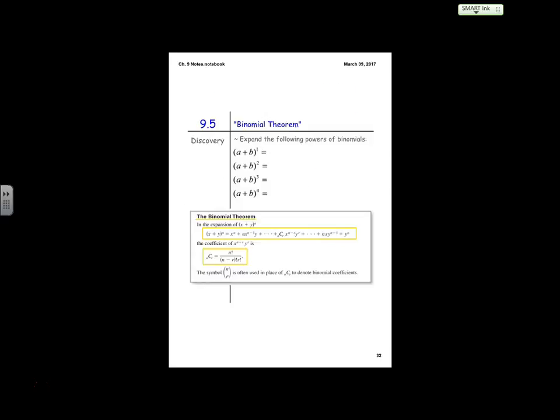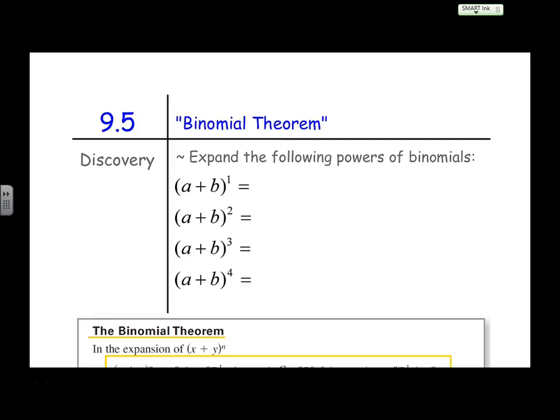So, to end today, since we're almost done, my question to you is, how do you expand a plus b to the first, second, third, fourth powers? Yep, you FOIL. So this one, just a plus b. This one, you FOIL, you get a squared plus 2ab plus b squared. This one, guess what?